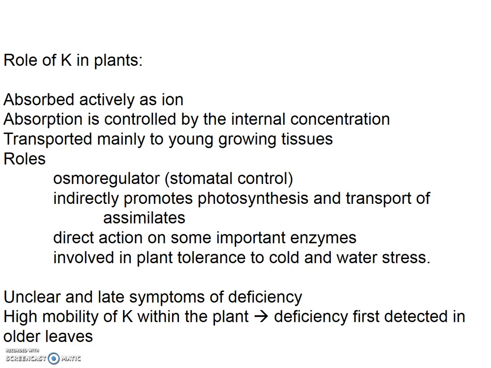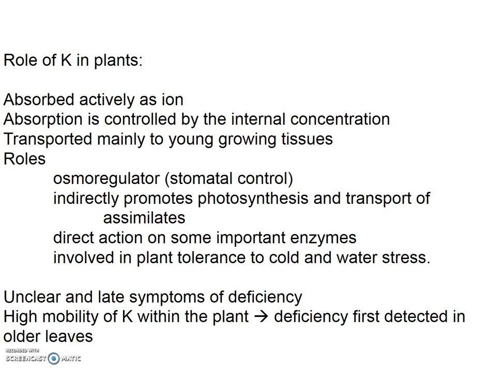Potassium within the plant is transported mainly to the young growing tissues, and it acts as an osmoregulator, for instance in stomatal control. It indirectly promotes photosynthesis and transport of assimilates, and has a direct effect on some important enzymes. It is also involved in the plant tolerance to cold or water stress conditions.